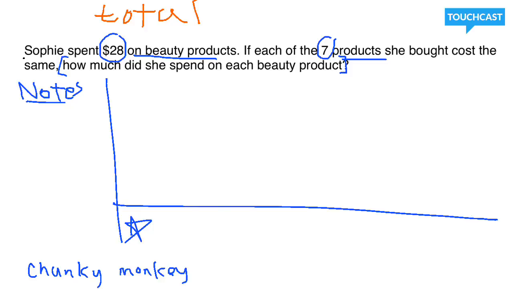So let's look at our notes. Sophie spent 28 on beauty products. So Sophie spent 28. Okay? And if each of the 7 products she bought cost the same, so we know that 7 products cost the same.